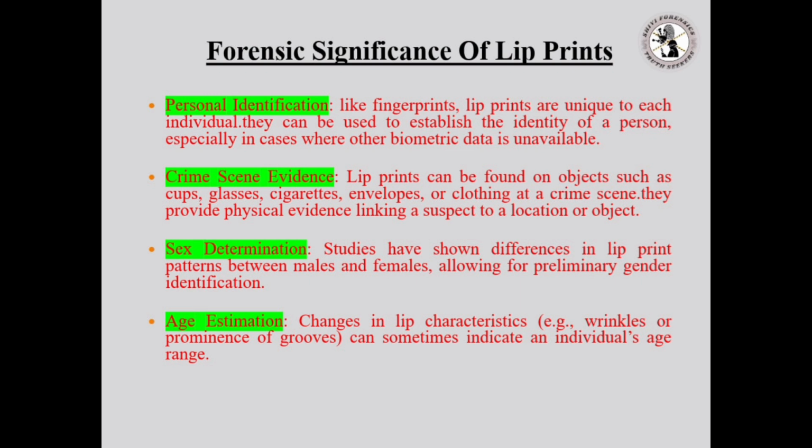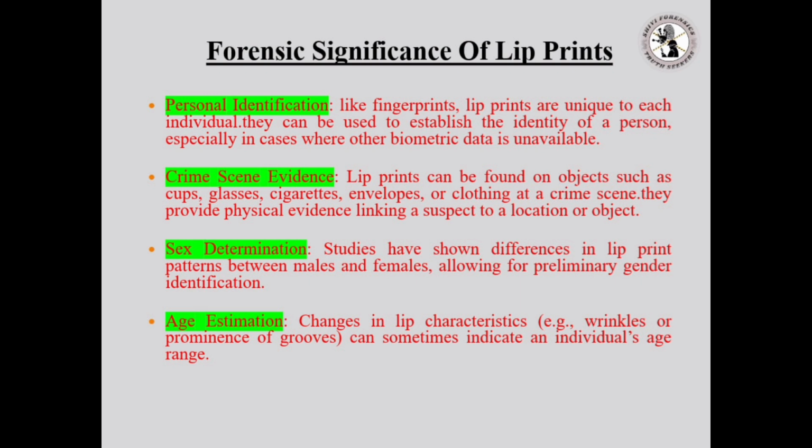So next, it is crime scene evidence or corroborative evidence. Lip prints can be found on objects such as cups, glasses, cigarettes, envelopes or clothing, and also on food items at a crime scene. They provide physical evidence linking a suspect to a location or an object.